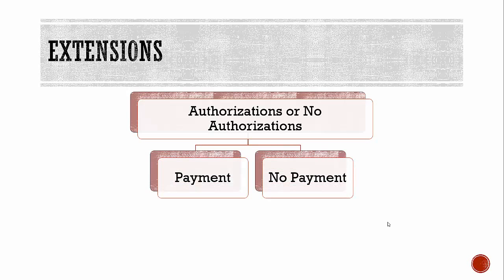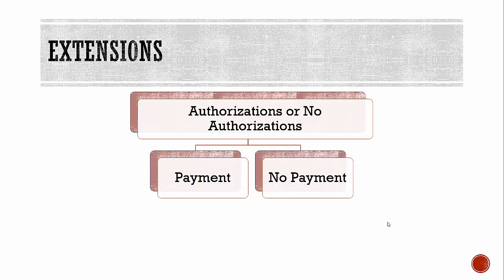So the question is, does the CPA firm that's processing or filing the extensions and returns for you need authorization from the client to do so? The answer is always yes. We can't do something for you that you haven't authorized us to do. With extensions, there's a little bit of a difference because the extensions are not considered processing of an actual return. Therefore, this is where the exception comes in.